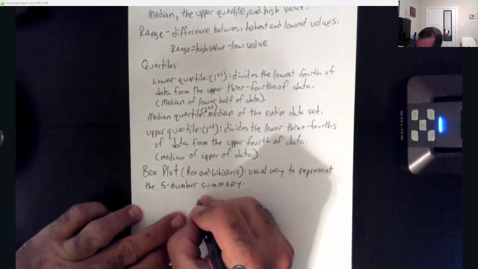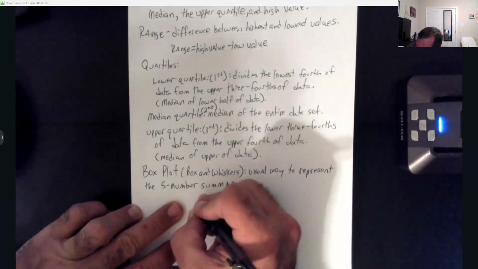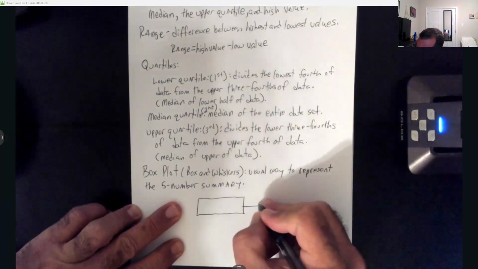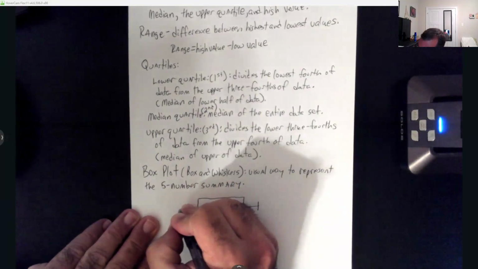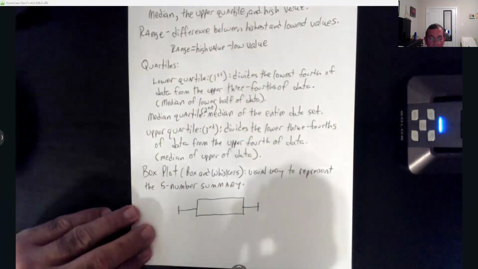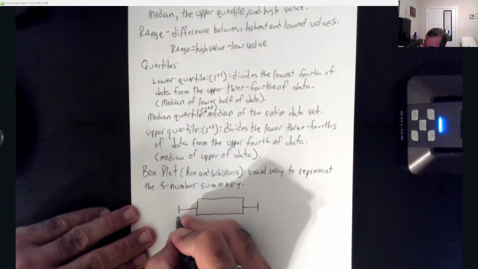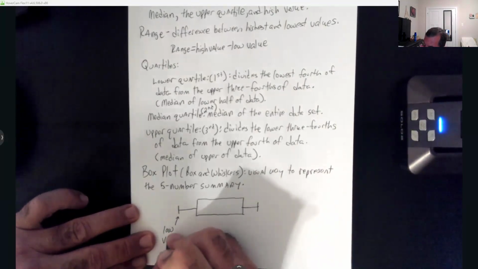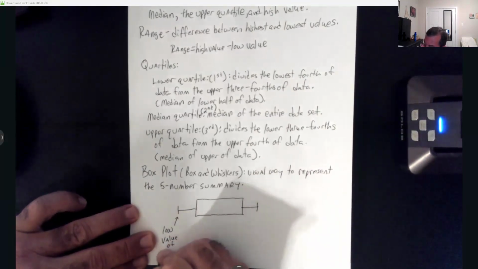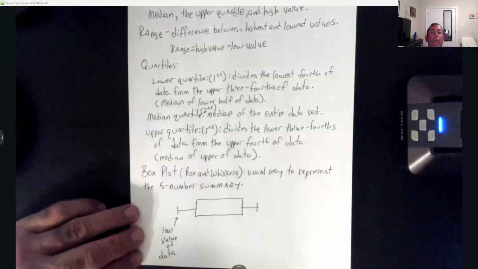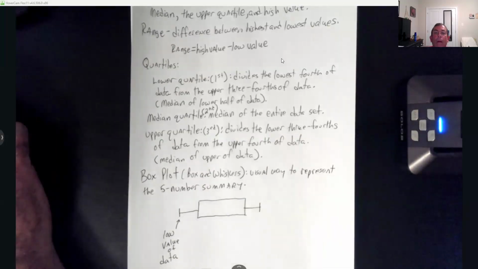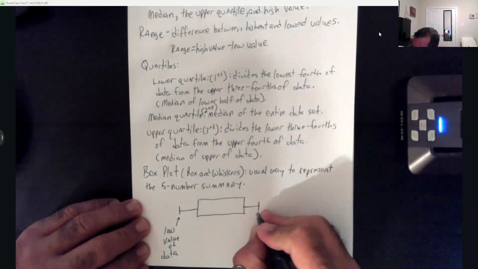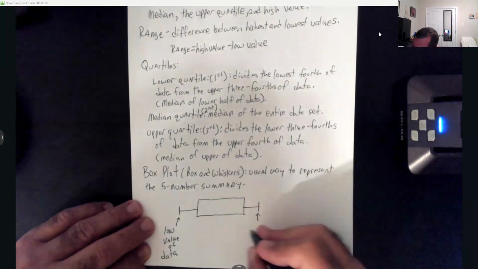All right, y'all. So what we got, we're going to have a box. And then it's got what we call whiskers that come off of it. So this left whisker is the low value of your data. This right line over here, the right whisker, that whisker is the high value of the data.